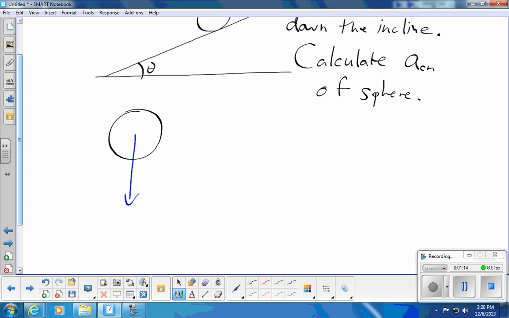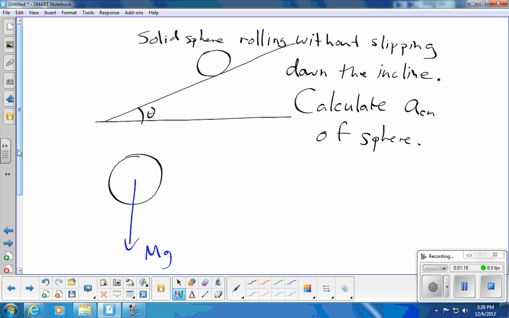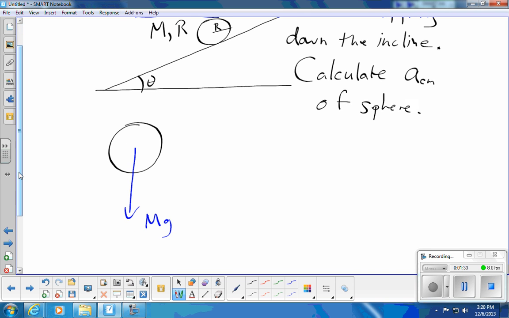So I draw an mg. Oh, by the way, did I specify before that the sphere, this may shock you, has mass m and radius r. There's the old radius r. And we are told also that it is a solid sphere. That can be relevant. Okay, so meanwhile, back to the free body diagram. So its weight is mg.